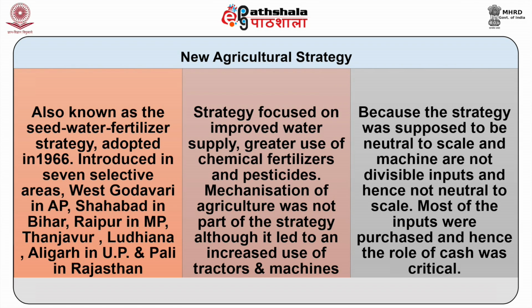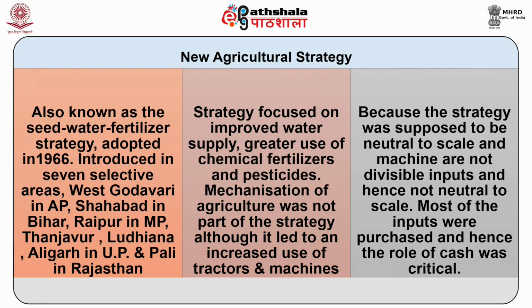It was introduced in 7 selected areas, which include, inter alia, West Godavari in Andhra Pradesh, Shahabad in Bihar, Raipur in Madhya Pradesh, Tanjavur in Tamil Nadu, Ludhiana in Punjab, Aligarh in UP and Pali in Rajasthan. The strategy focused on improved water supply, and greater use of chemical fertilizers and pesticides.